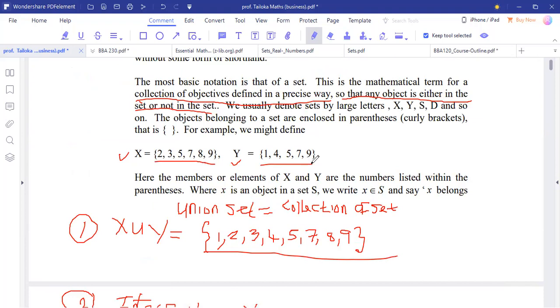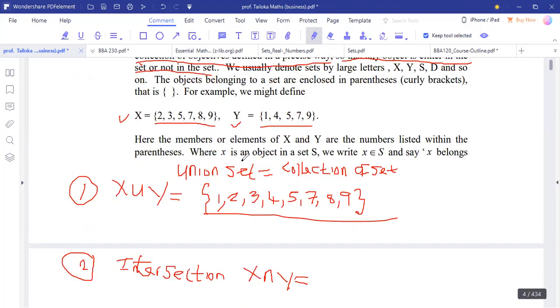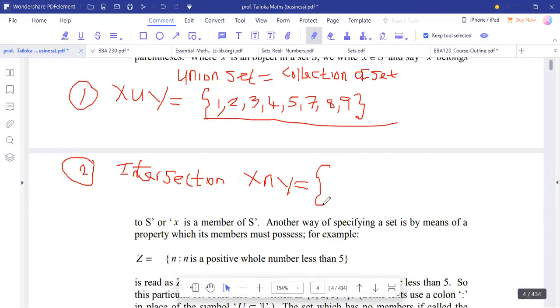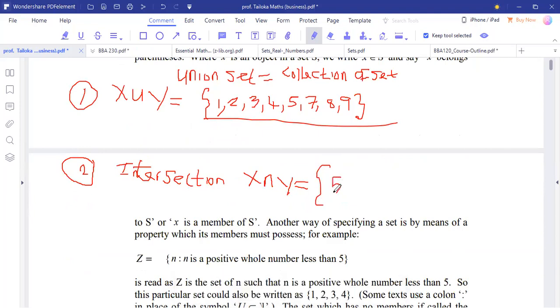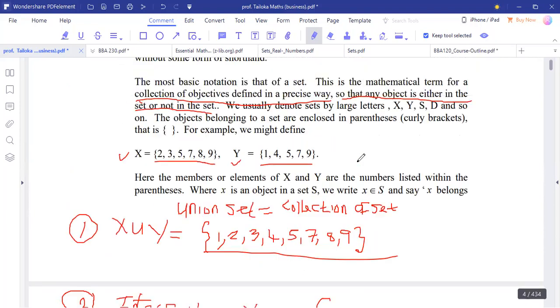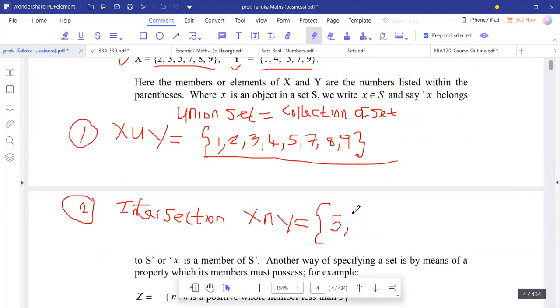So what we are going to do now here, we can see the common event in X and Y. You can see that a 5 is appearing in event X, and it's also appearing in Y. So our intersection set will be 5, and then we also check here a 7.